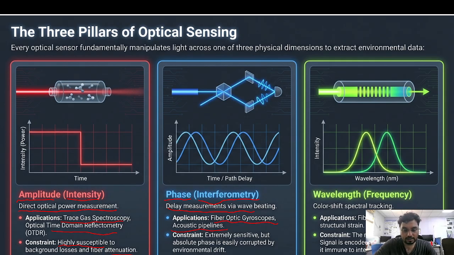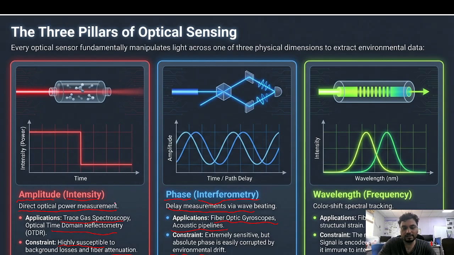What are the constraints? Extremely sensitive, but absolute phase is easily corrupted by environmental drift. Even a small perturbation can cause a drastic failure in the measurement.